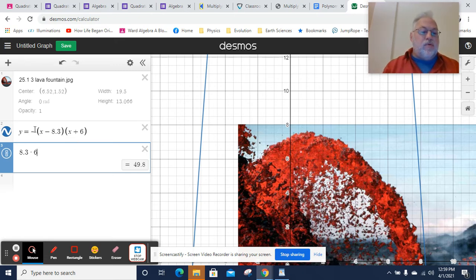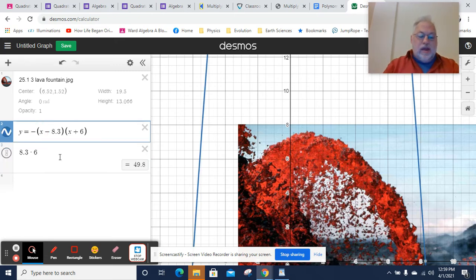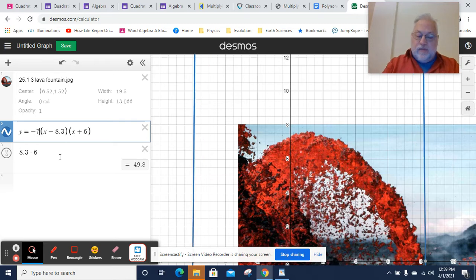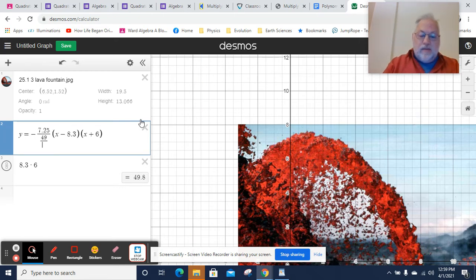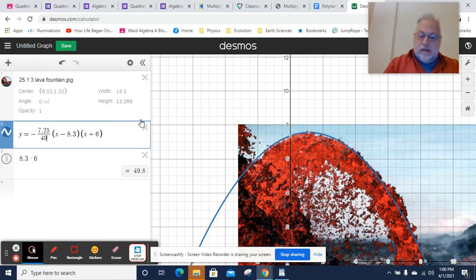So I've got 49.8. So let's go ahead and say 7.25, which is this, divided by 49.8. And I think that's a little better. I could keep tweaking it and working it out, but I've got a pretty good model here.